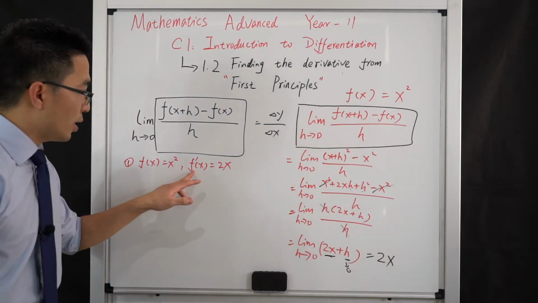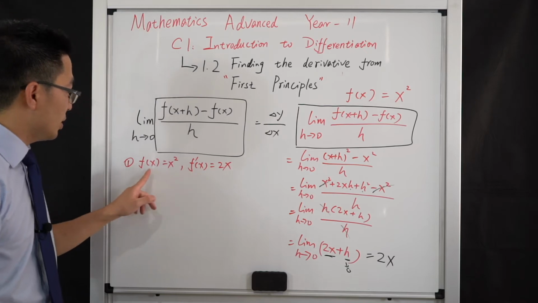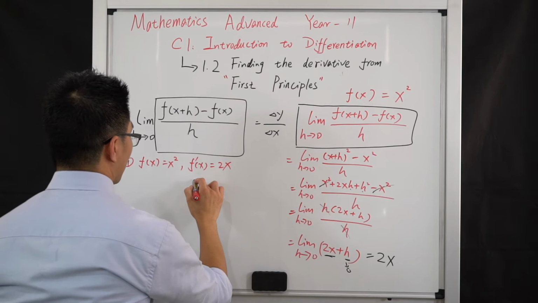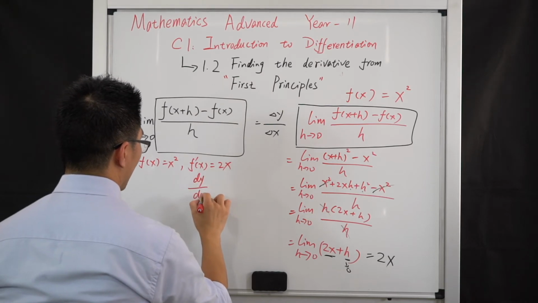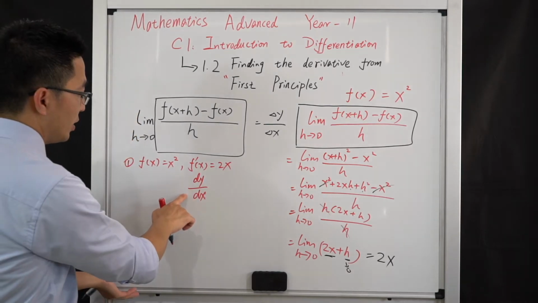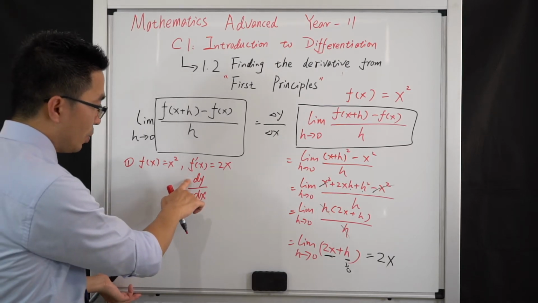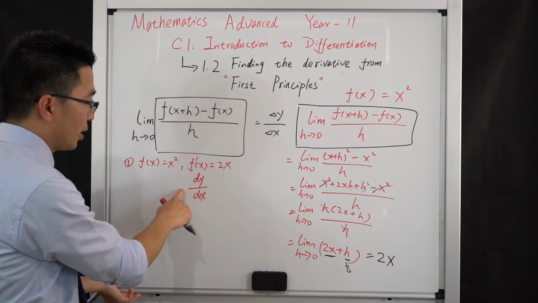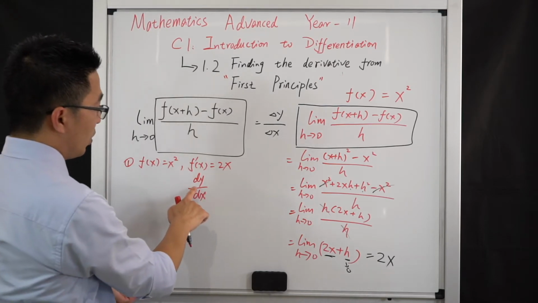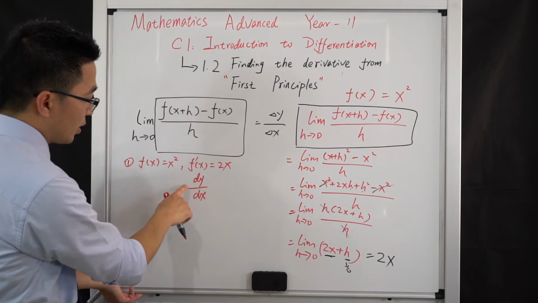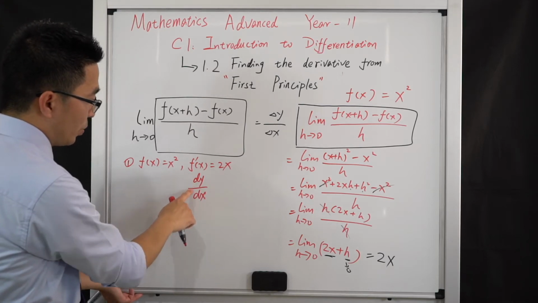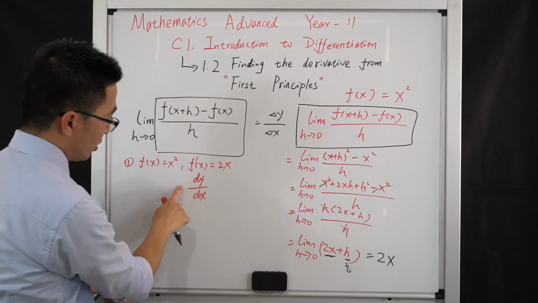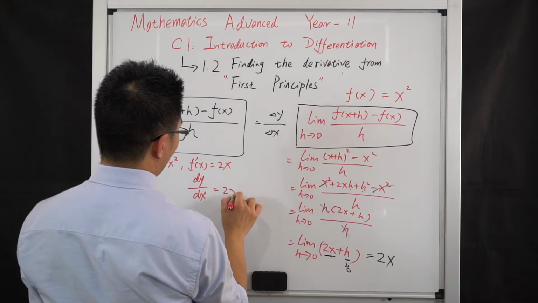We can use f'(x) to represent the derivative of the original function, or also we can use dy over dx. We can say delta y over delta x means the change in y divided by the change in x. Or also we can say we find the derivative of the function y with respect to x.